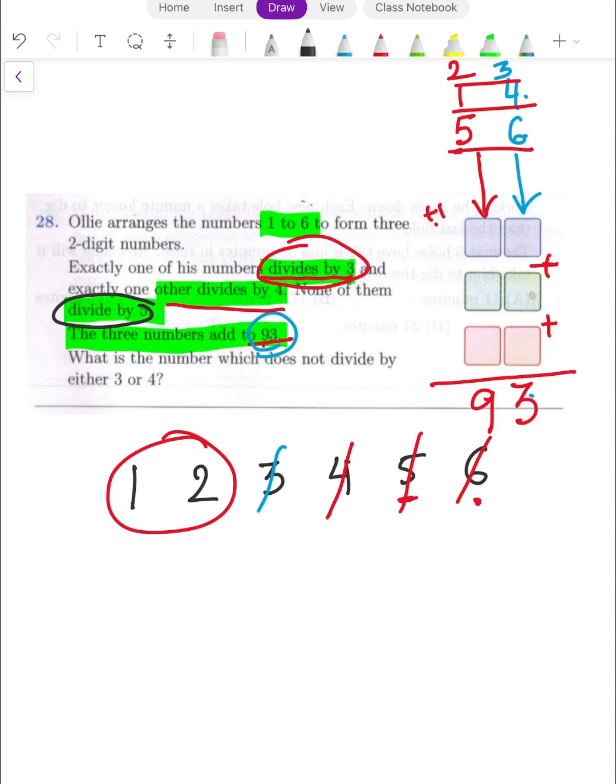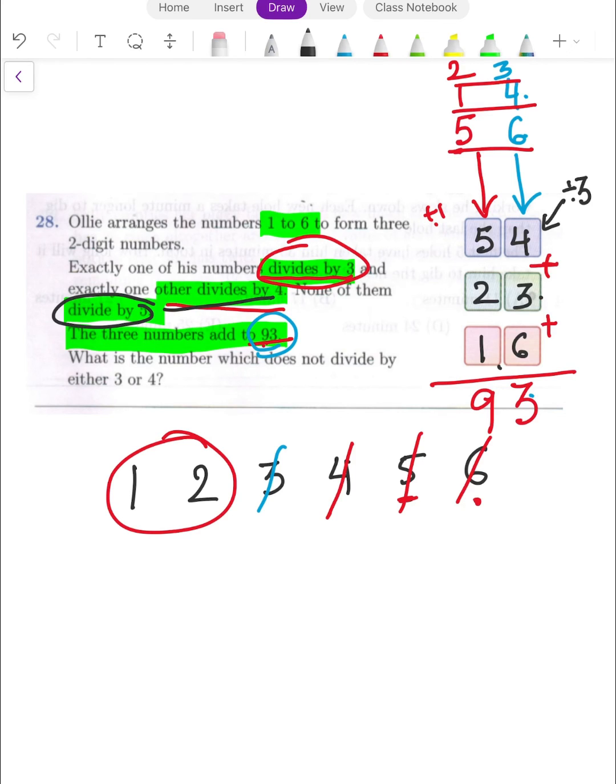So let's try 54, 23, and 16. Let's have a go. We can see 5 plus 4 is 9, so this number is divisible by 3. Let's check if the other numbers are divisible by 3. This is not. This is not. So exactly one number is divisible by 3.